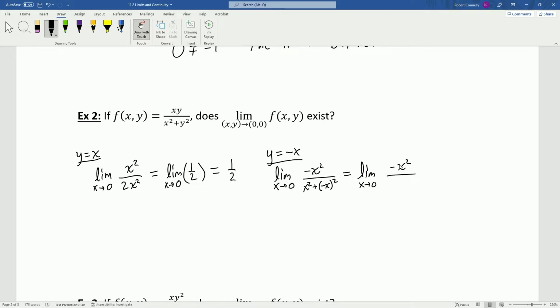It's x squared plus x squared, which is 2x squared. So now when I cancel here, I get left with negative 1 up top. So this limit is negative 1/2. And again, 1/2 is not equal to negative 1/2. So the limit does not exist.